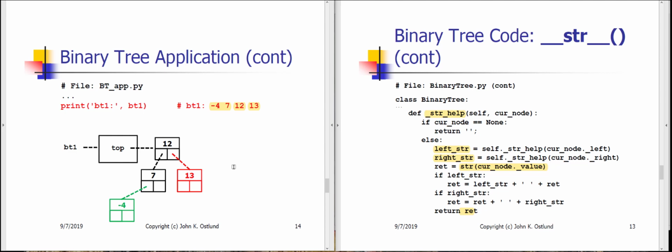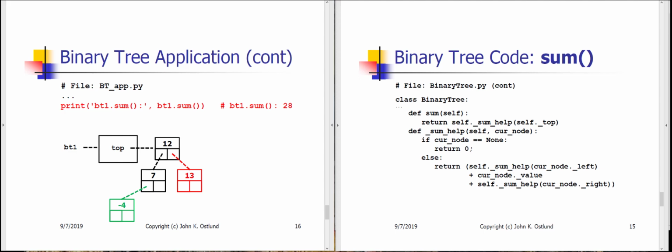We can argue about whether this is an appropriate way to represent a binary tree as a string, but certainly this is a compact way that does show the values that the binary tree contains in ascending order. Okay, so now we're really getting somewhere. We can create binary trees.